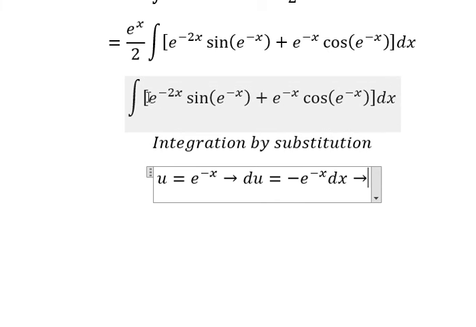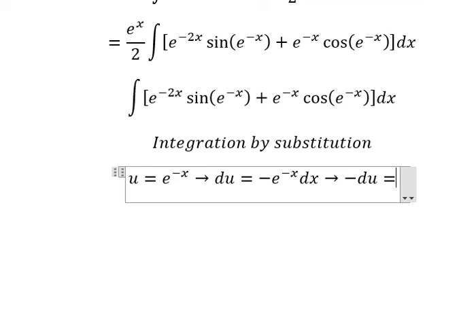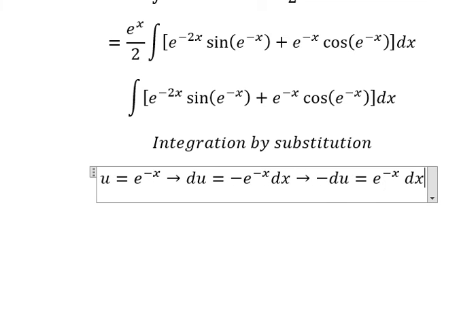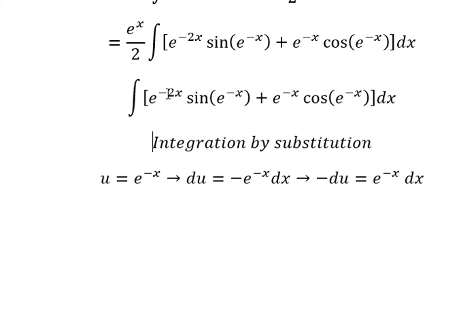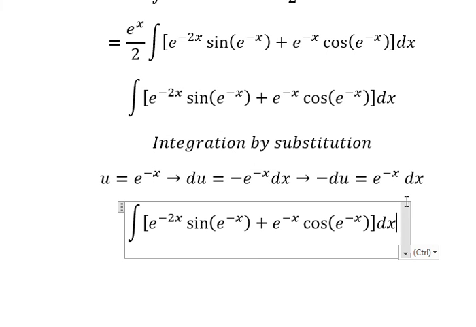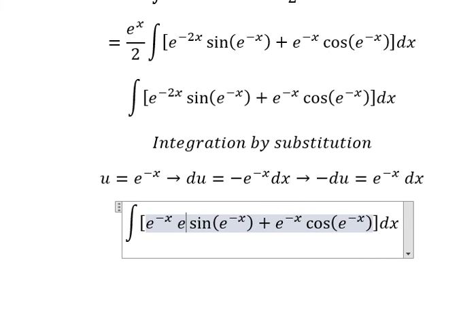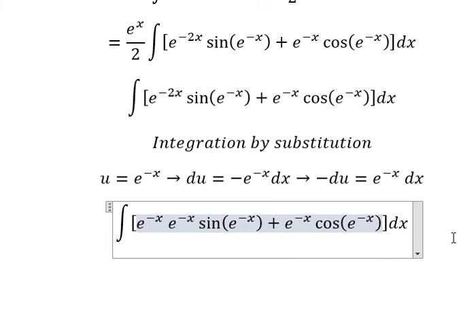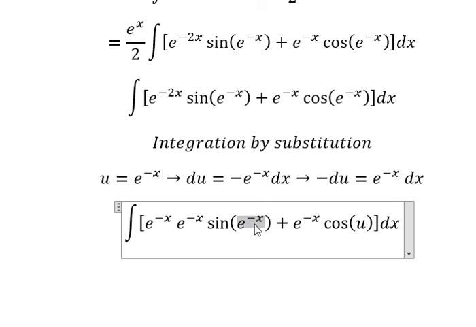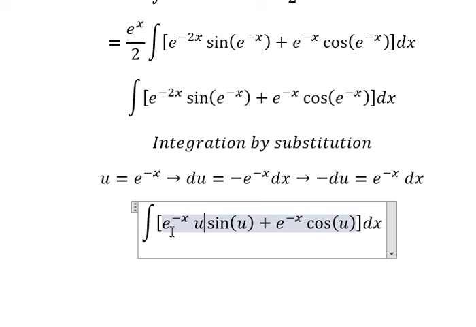Because we don't have the negative sign here and here, I will put this one to the left. So this one we change by u, and e to the power of s ds we change by negative du.